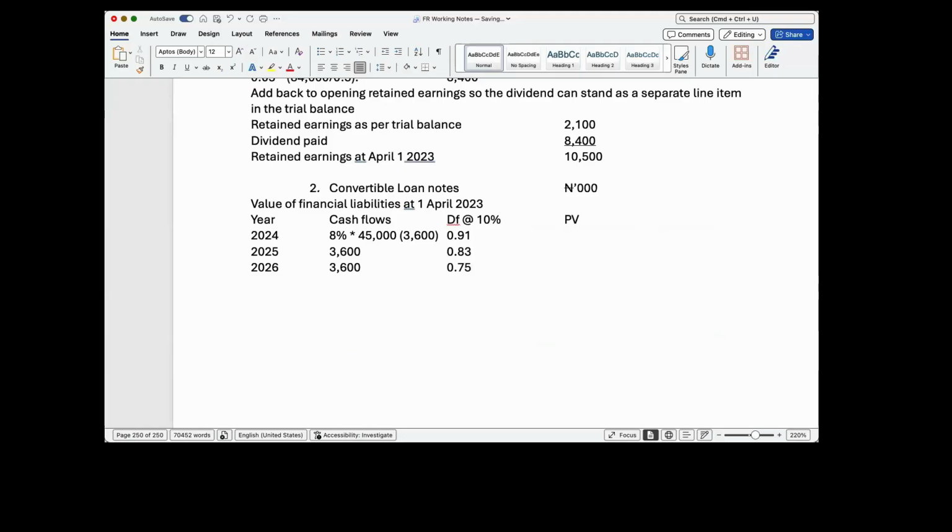And also, I will get the present value of the principal repayment at the maturity date, using the 0.75. So let me just put a hyphen instead of brackets so it will not confuse you. So can you get me the present value of each year?